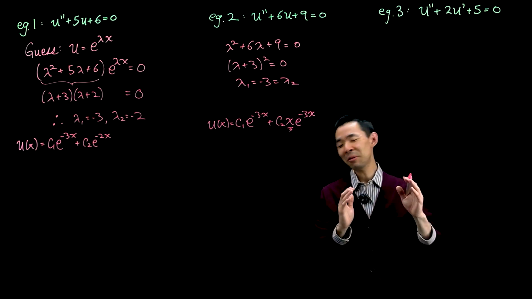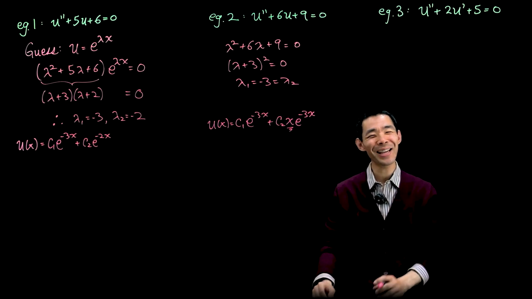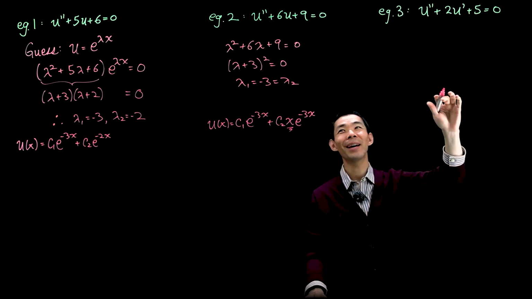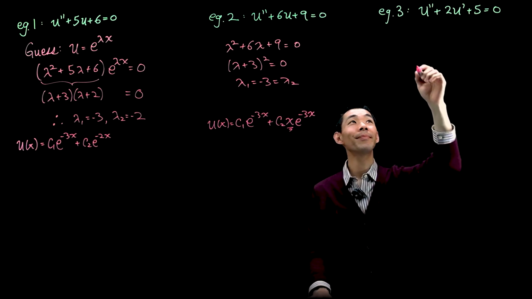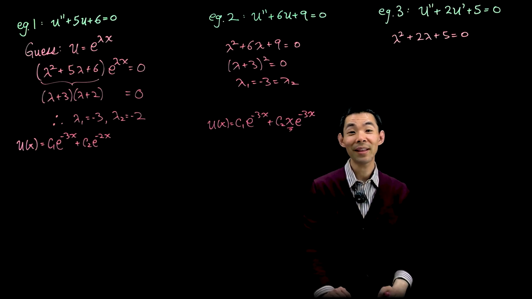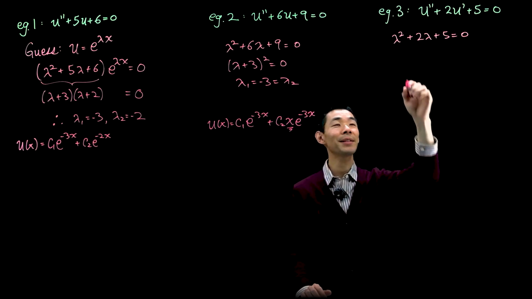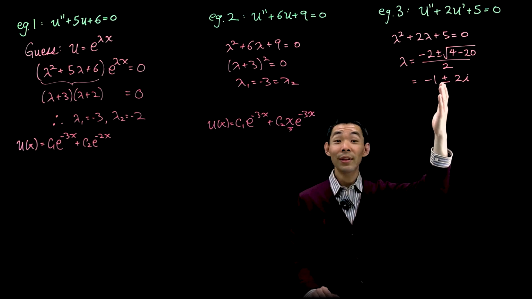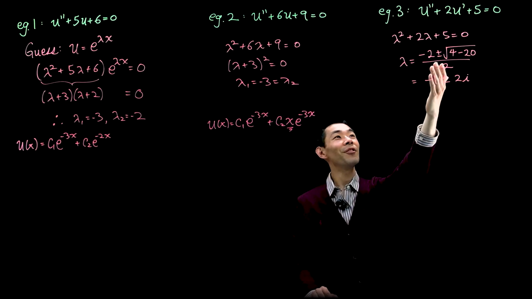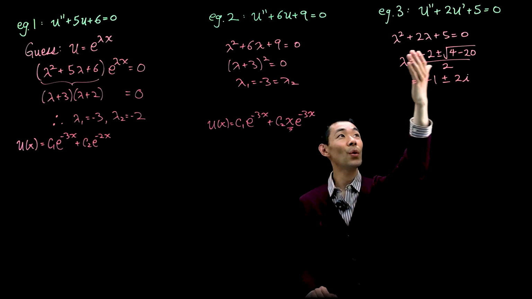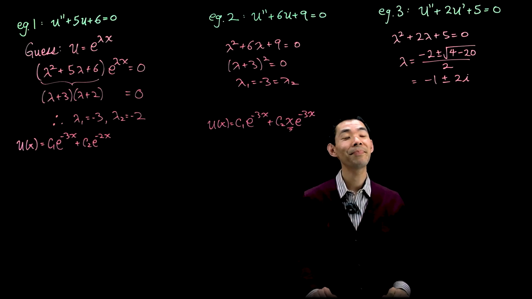Lastly, you can probably guess what's coming for this example, but let's just do it anyway. Again, skipping to the characteristic equation. Just like that. And therefore, we're going to have to use the quadratic equation in this case. I've just done the quadratic equation here: -b plus or minus the square root of b squared minus 4ac, divided by 2a.